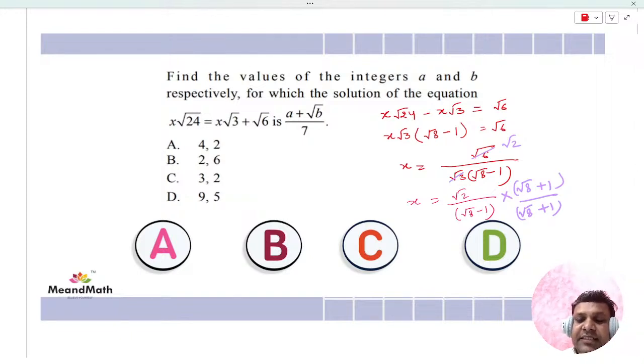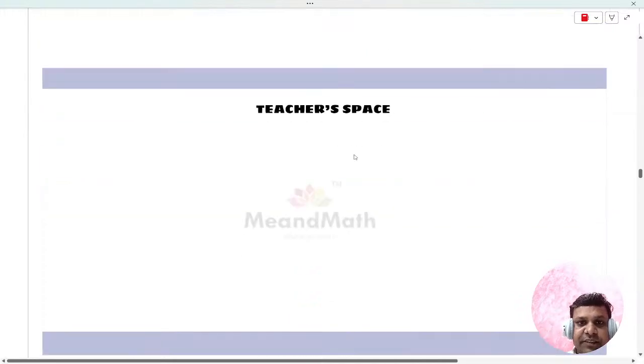Okay, just simplify it. I'll simplify it in our space. So I copy it.